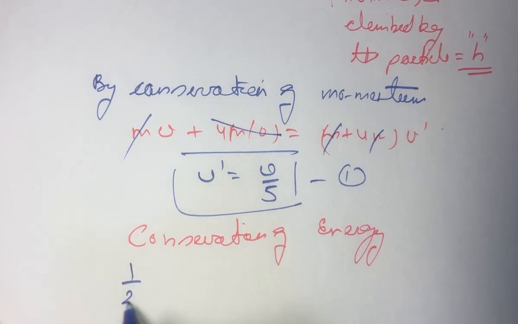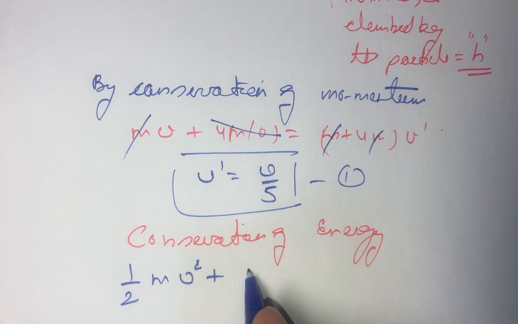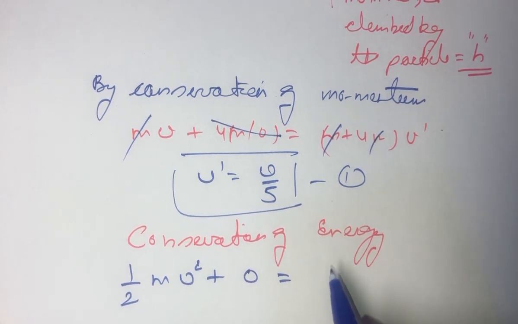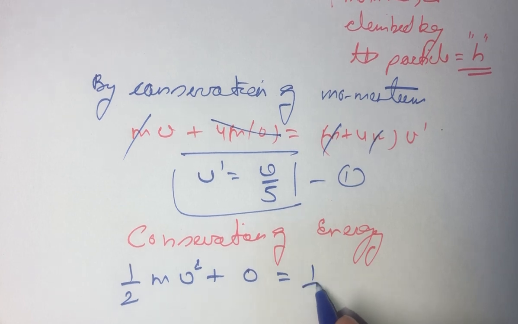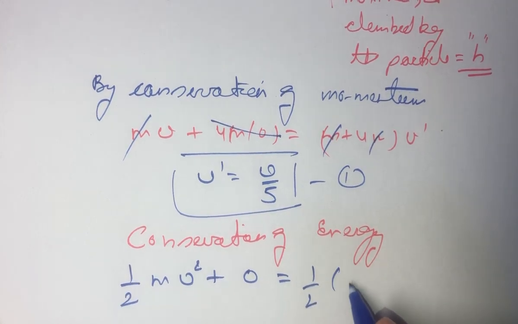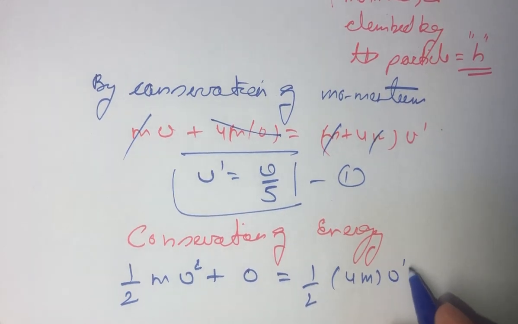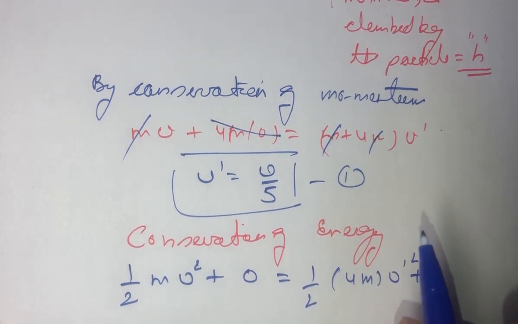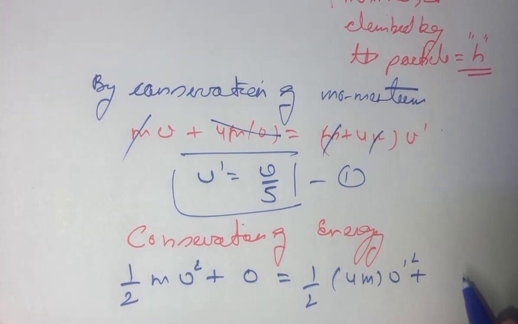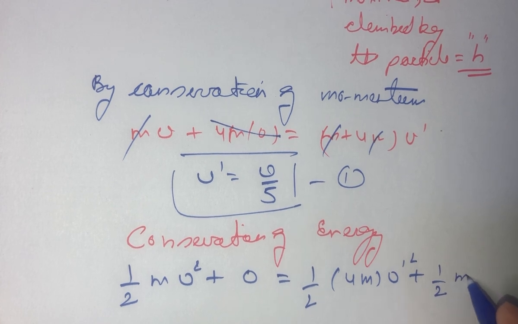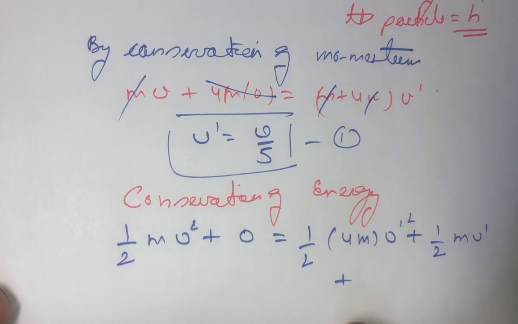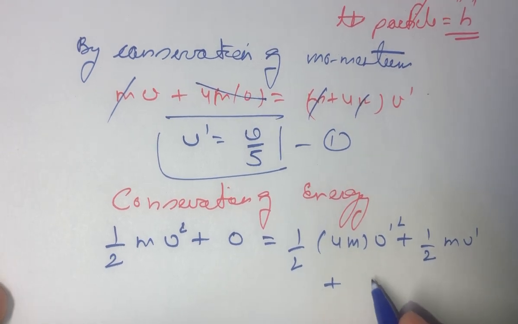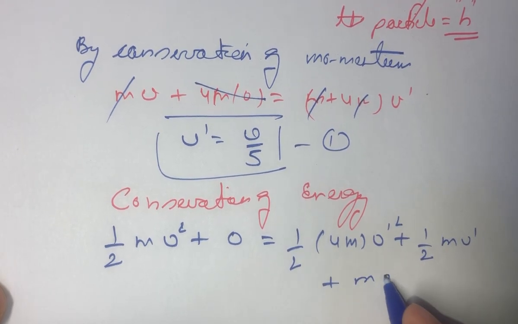So it will be half m v square plus wedge is stationary 0, and now the wedge is moving with the velocity of v prime, so this will be half 4m v prime square plus the particle is moving with the velocity v prime, so this will be half m v prime square, and plus the particle is also having the potential energy, so that will be equal to mgh.